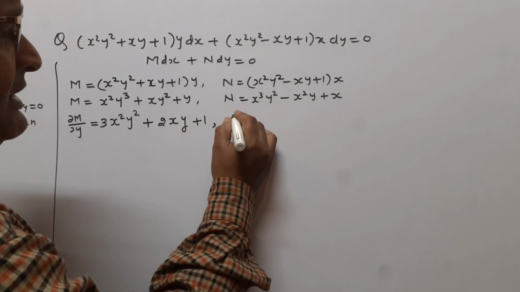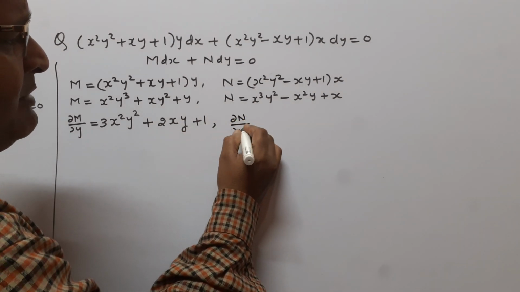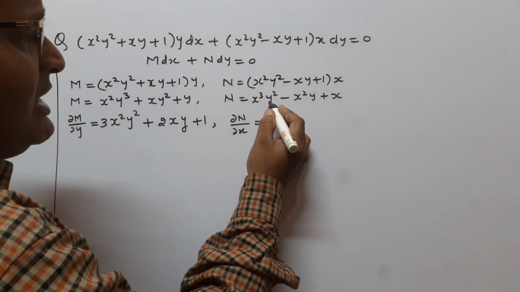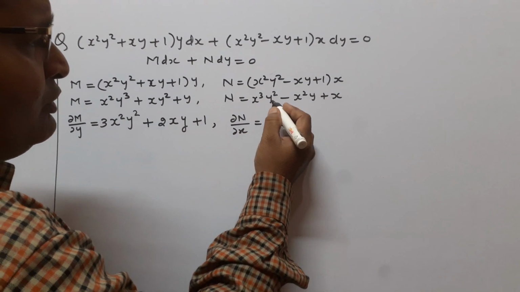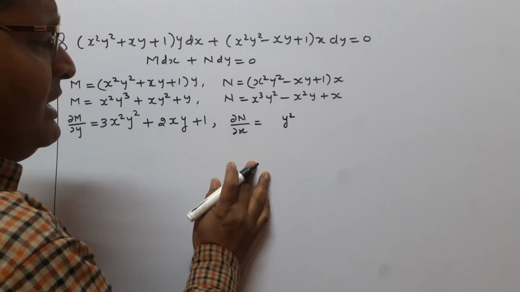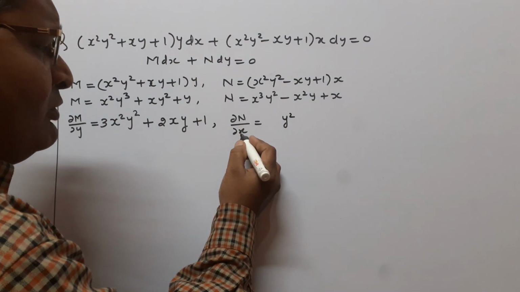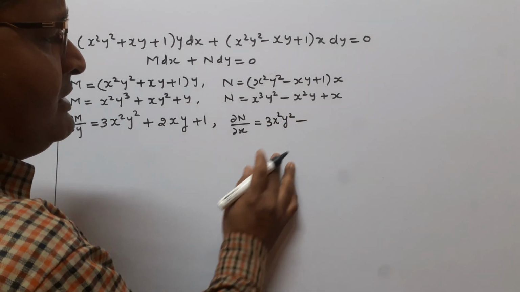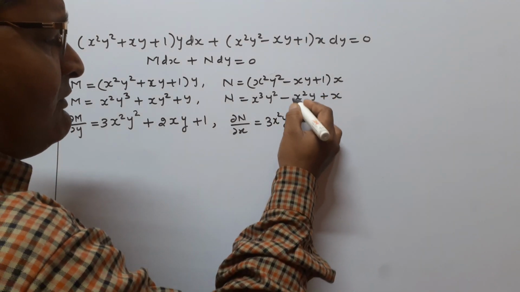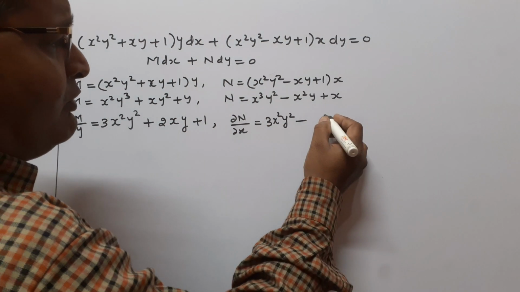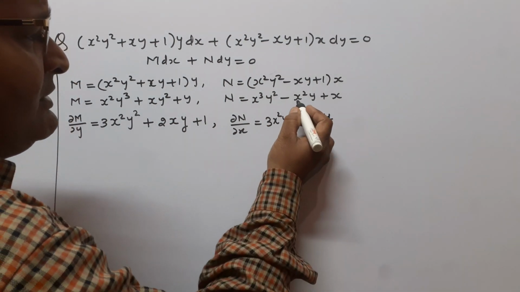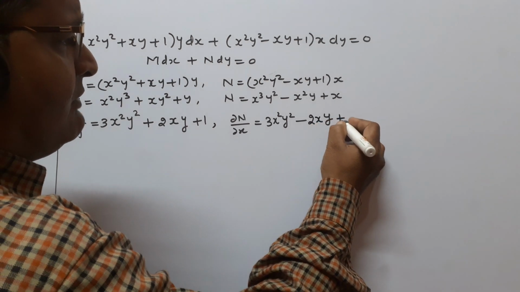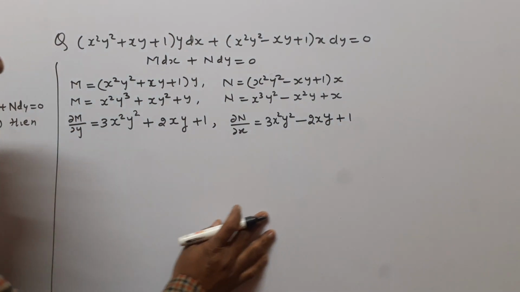Now we differentiate N to get del N by del x. For x cube y square, y square is constant and the derivative of x cube with respect to x is 3x square. Minus, for x square y, y is constant and the derivative of x square is 2x, and the derivative of x with respect to x is 1.